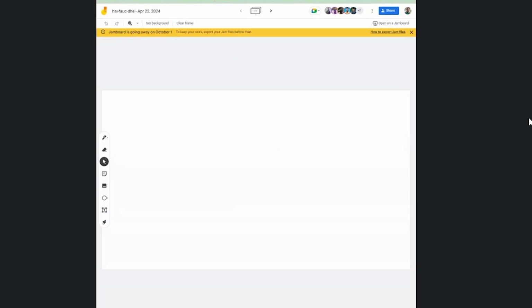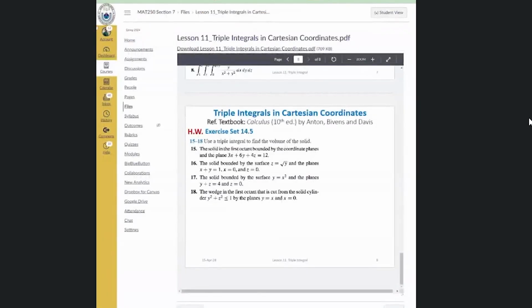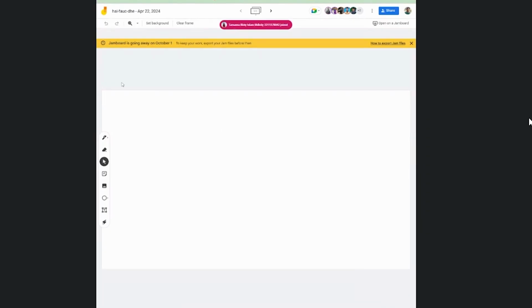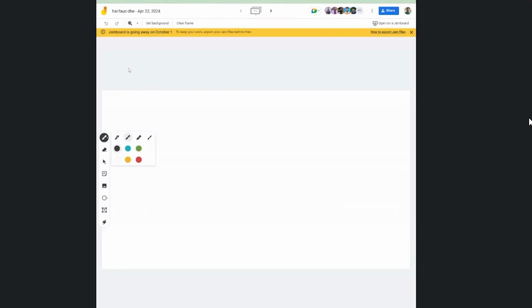Okay, so the equation of the plane is given by 3x plus 6y plus 4z equals 12.